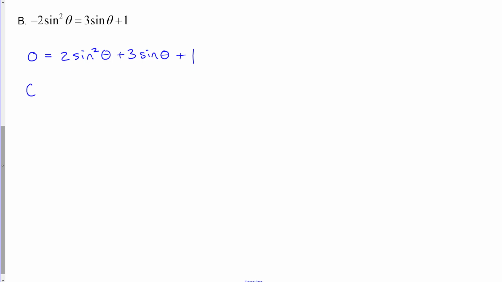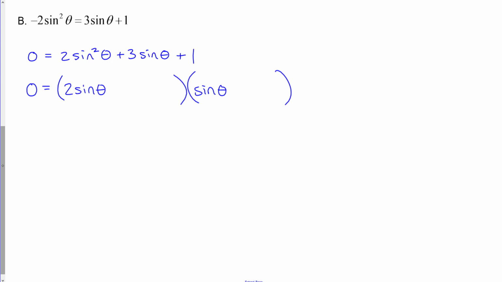Factoring is the same as it was back in algebra, but we have the cosine, sine functions involved here, which makes it a little bit more complex. But basically what we're looking for is two things that multiply to 2 sine squared theta. So 2 sine theta and sine theta would multiply together to 2 sine squared theta.